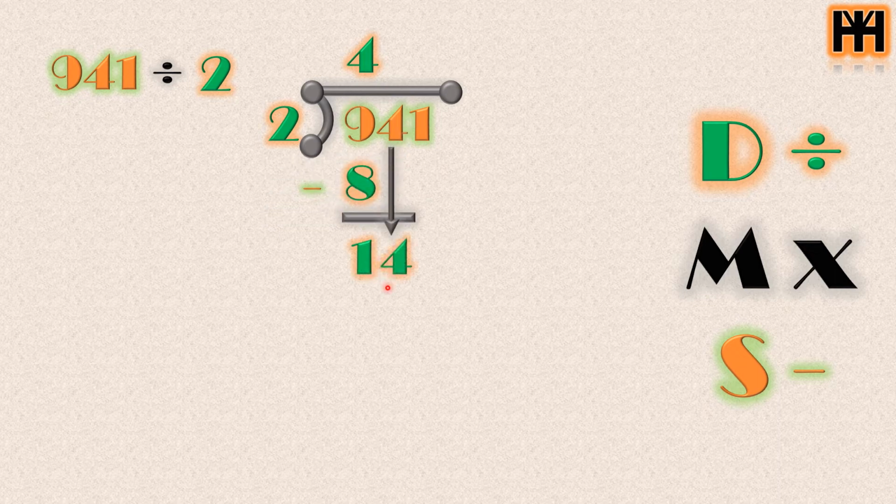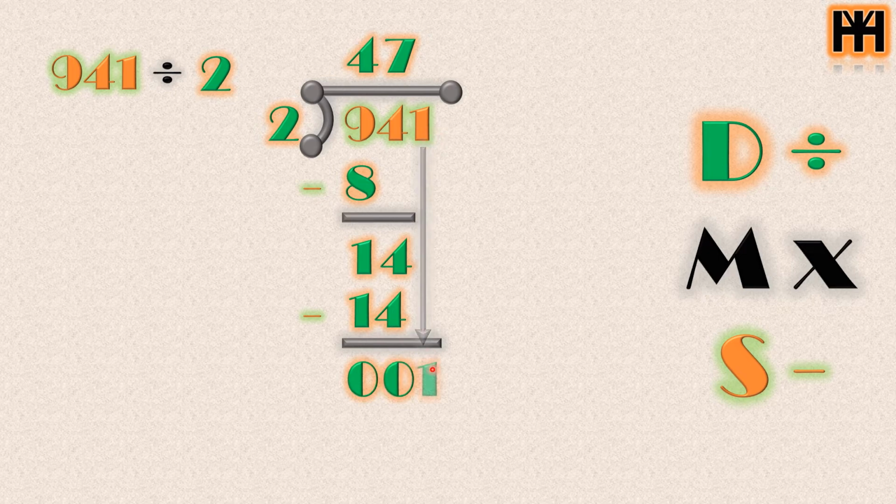Now get the 4 down, so it's 14. Now how many 2s are inside 14? There are 7. Then multiply them. 7 times 2 is 14. Then subtract them. Then the result is 0. Then don't forget the 1. Get it down there.